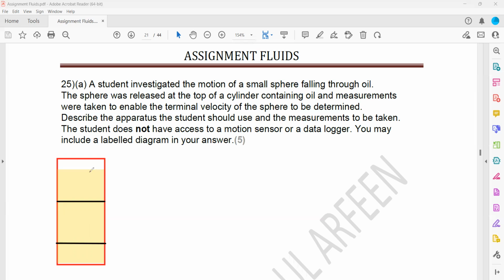The rubber band should not be near the top. It should be from the center or midway, closer to the center. So using a meter rule or a meter scale will determine this distance.